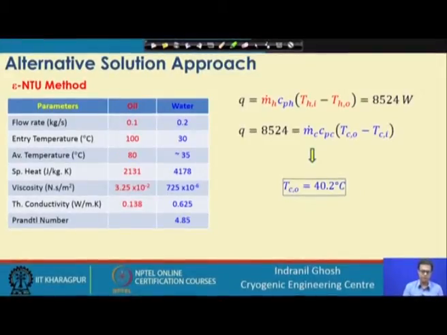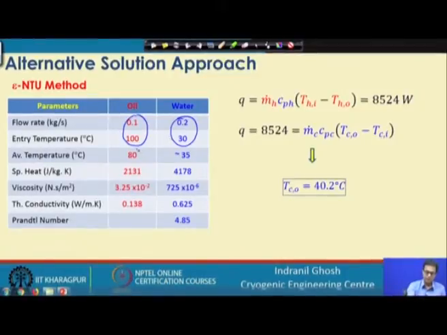So, what is known to us, what has been given? It is like in the earlier case, the flow rate of oil and water is known to us, and the entry temperature of the hot and cold fluid is given.